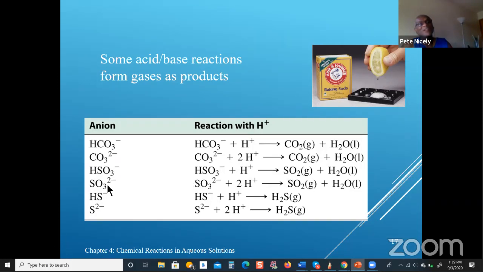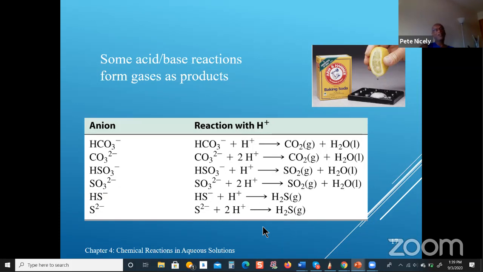And then the final reaction that we're going to talk about here, where gas is formed as a result of an acid-base reaction, is the reaction between an acid and any compound that contains the hydrogen sulfide ion or the sulfide ion. Now, in these cases, you end up with the formation of hydrogen sulfide.